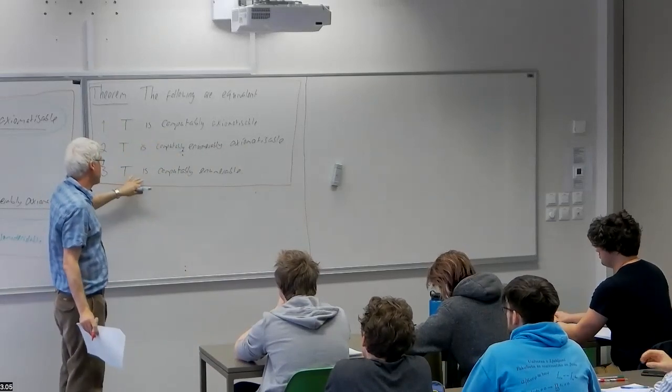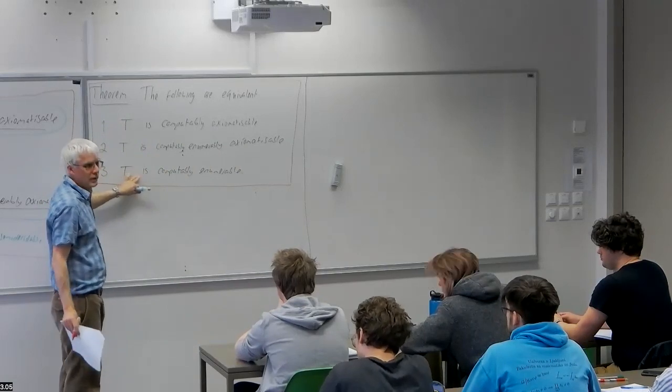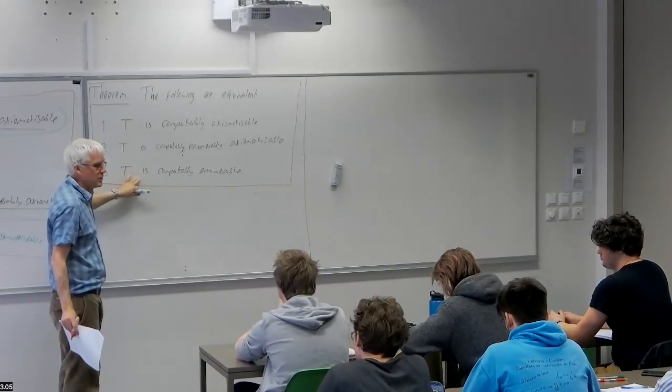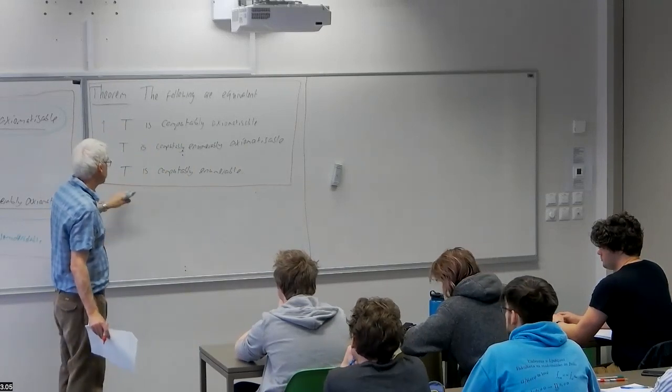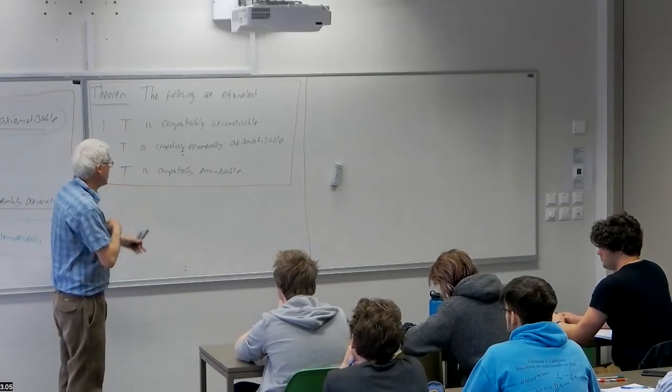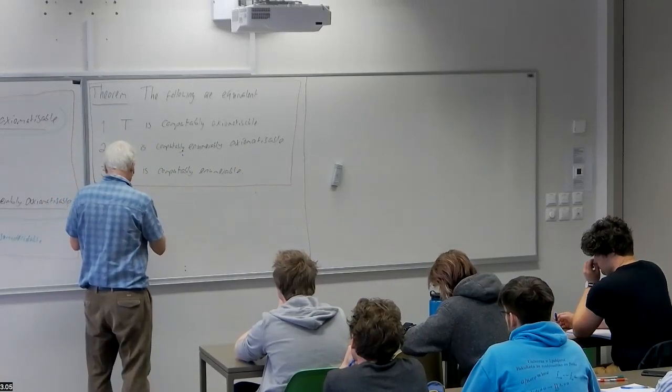Sometimes we'll be approaching from the perspective of looking at the whole theory T itself, and then the relevant concept is going to be that T is computably enumerable, or T is semi-decidable. The notion of computably enumerably axiomatizable, we won't need to consider more once we've got this proof out of the way.